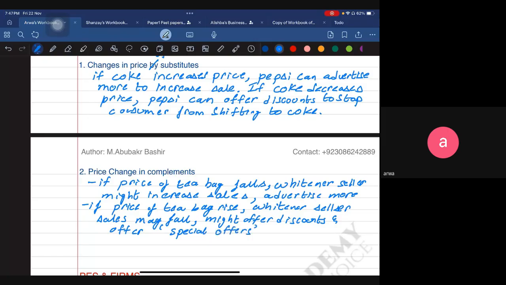If the price of tea bags has gone up, you will definitely have to give an incentive so that the consumer still buys both, because you have to compensate him no matter what.